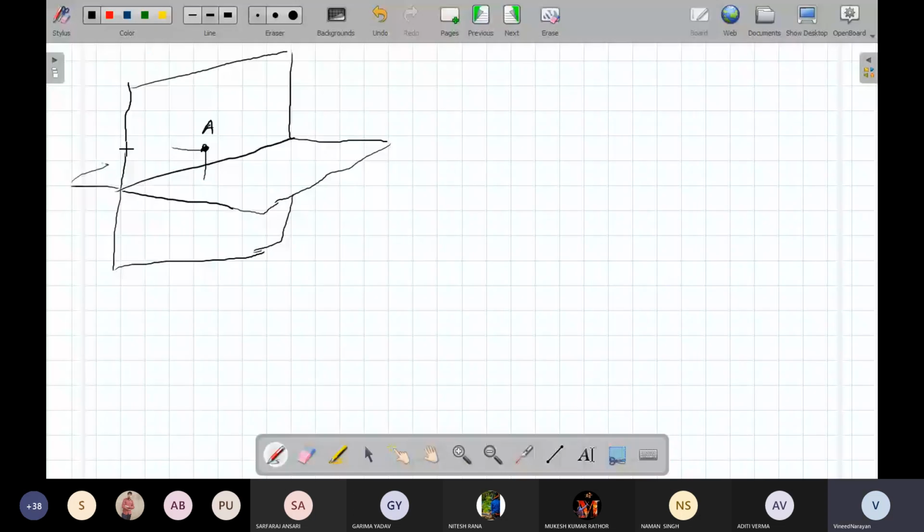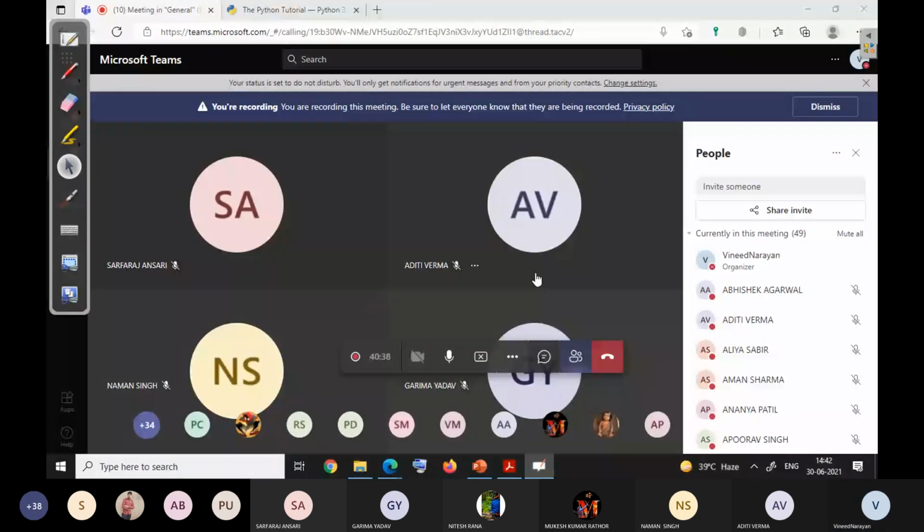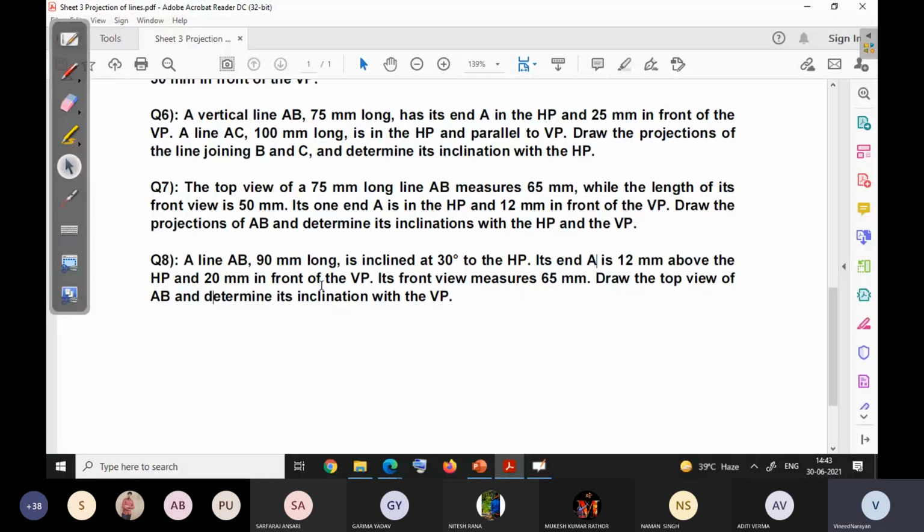Second part of the question. Second hint: its front view measures 65. It is inclined 30 degrees to the HP. Draw the top view of AB and determine the inclination with the VP.